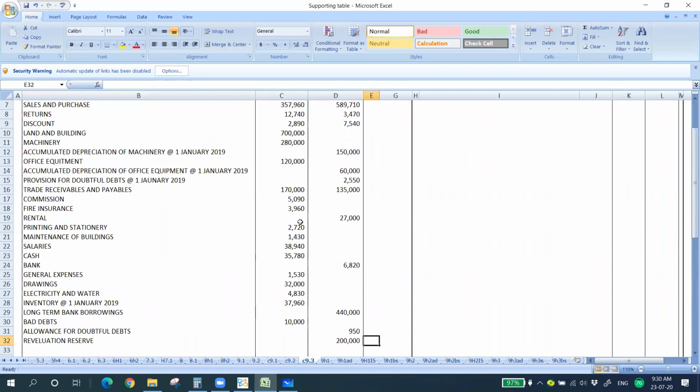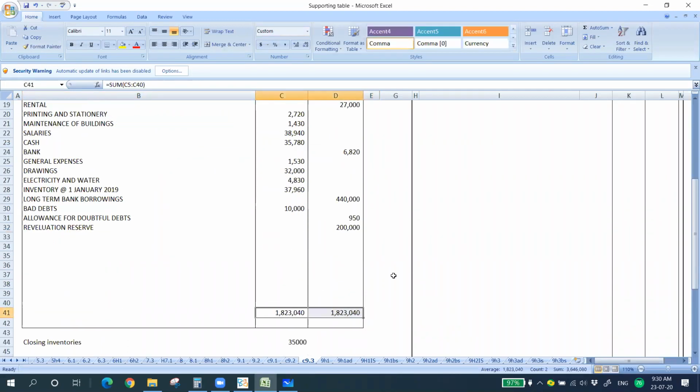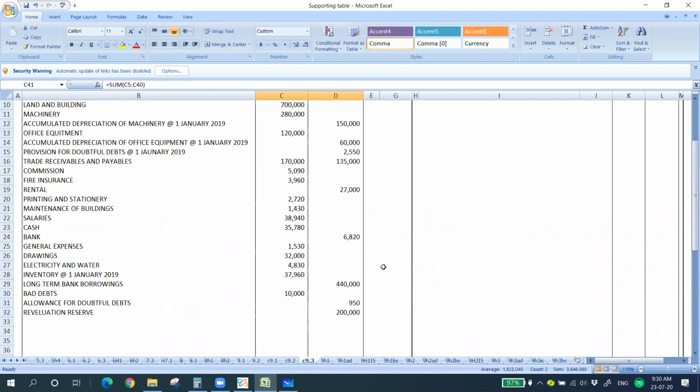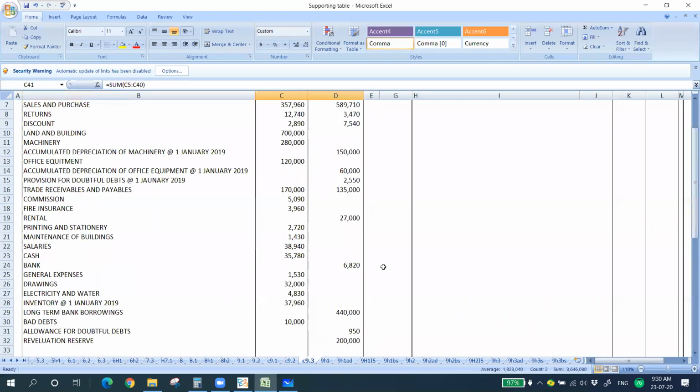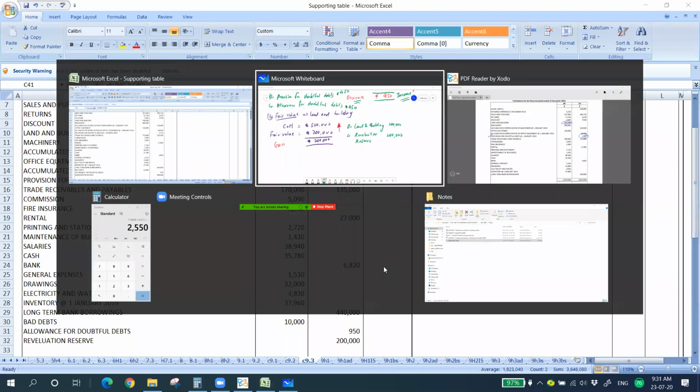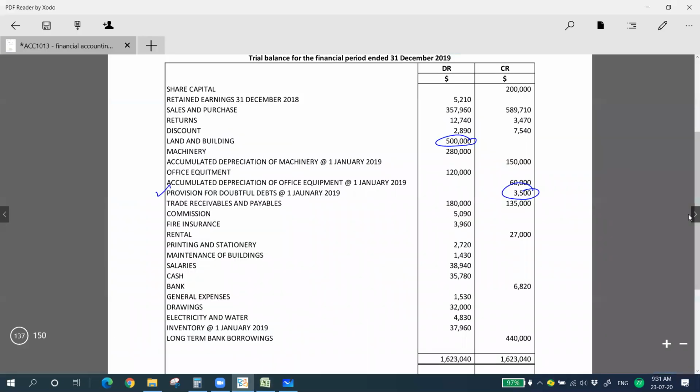So you can see that after the adjustment, the total remains the same. All right, done, right? Let's move on.